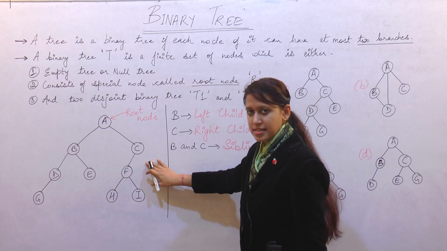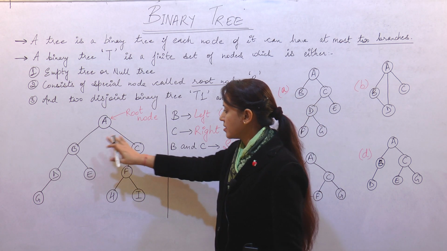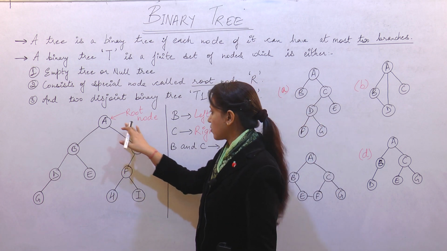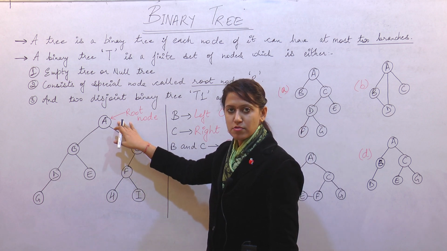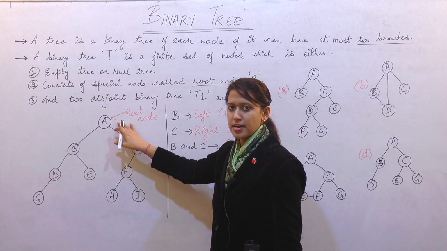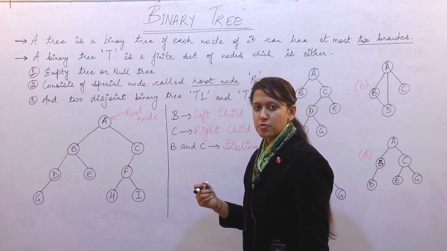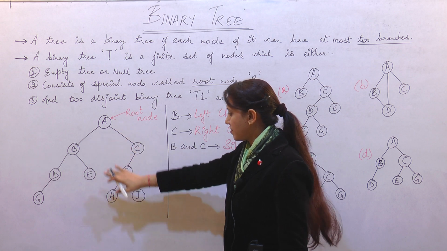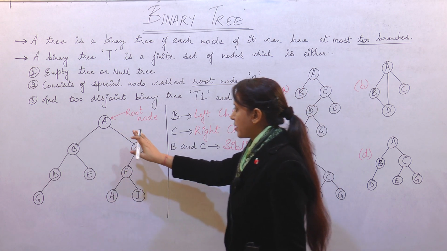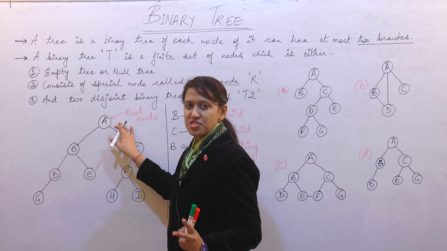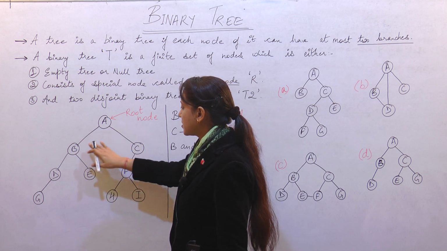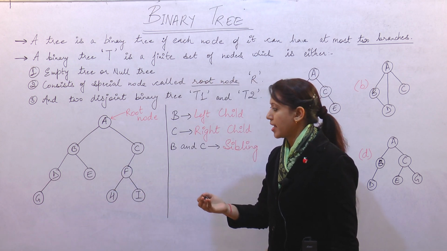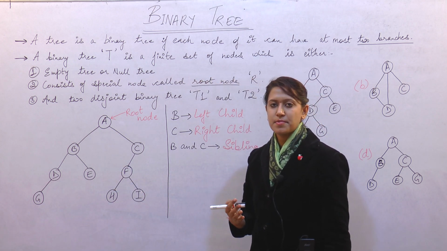Let's see this example tree. In this tree we have A as the root node, as we discussed in our earlier video. The specially designated node is known as the root node. So here A is the root node of this whole tree. Now A has two children, B and C. Two children can also be called two subtrees.